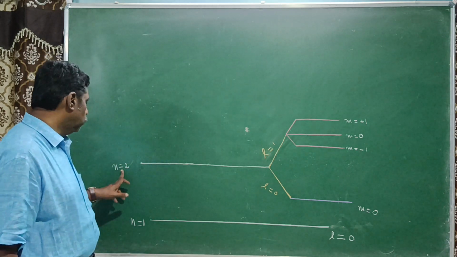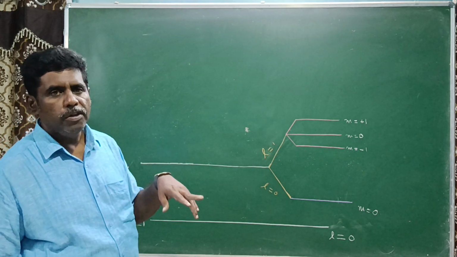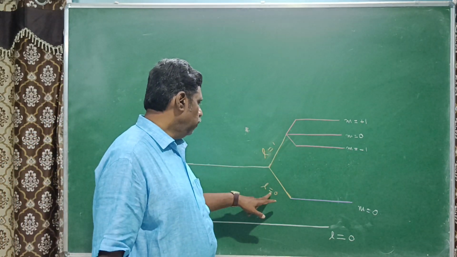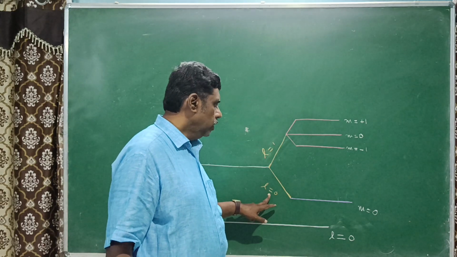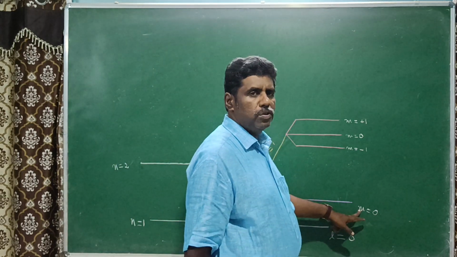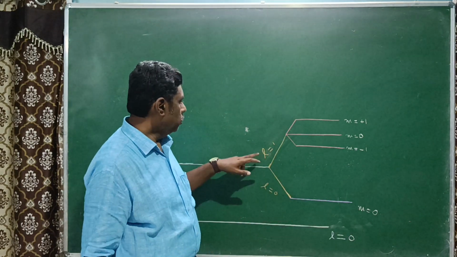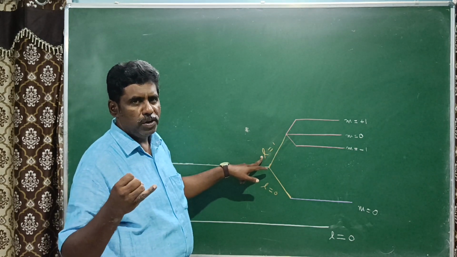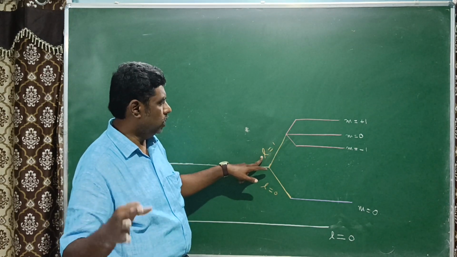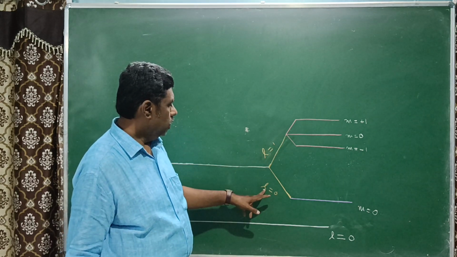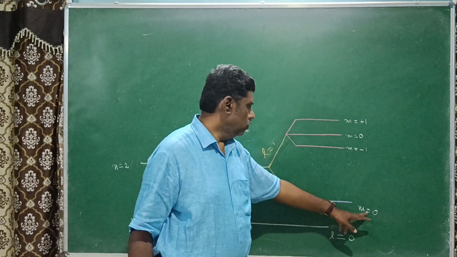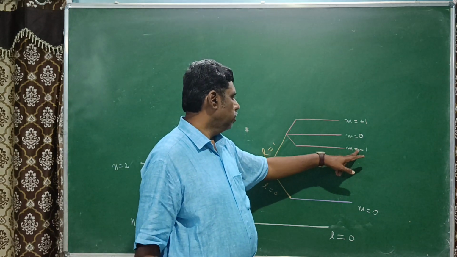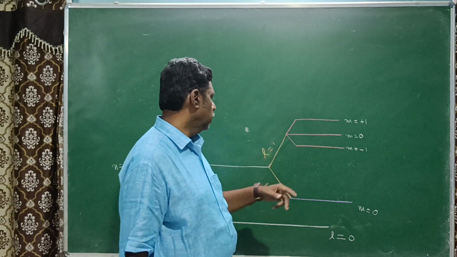Here n is equal to 2. Therefore, the possible values of L are 0 and 1. If L is equal to 0, the magnetic quantum number m is also 0. Suppose the value of L is equal to 1, the possible values of m are minus 1, 0, plus 1.